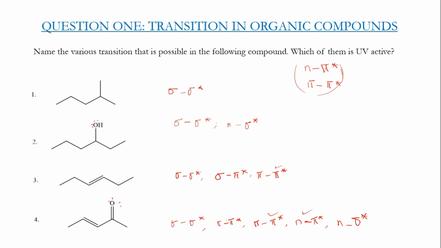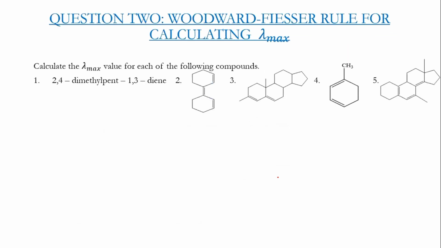All right, now let's move to question number 2. Question number 2 is based on the Woodward-Fieser rule for calculating the lambda max. The question is: calculate the lambda max for the following compounds.